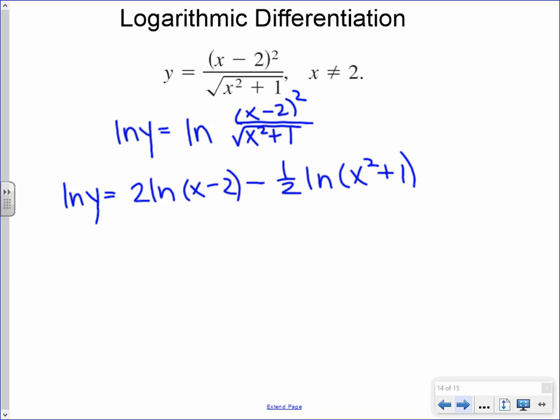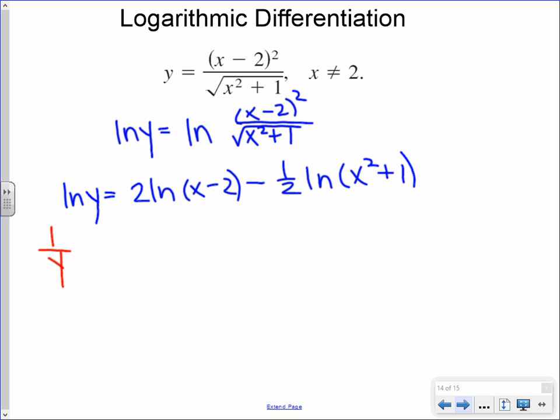Okay, so the derivative of the natural log of y. Josh, what's the derivative of natural log of y? 1 over y.